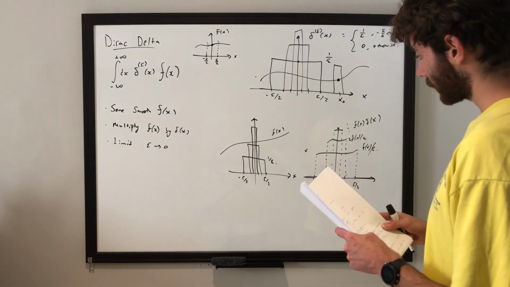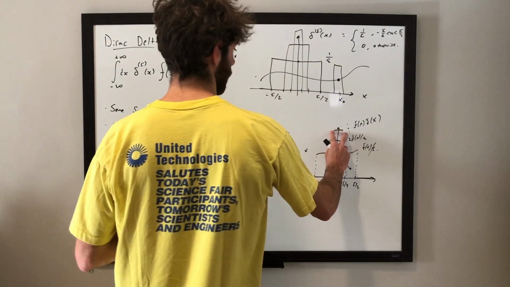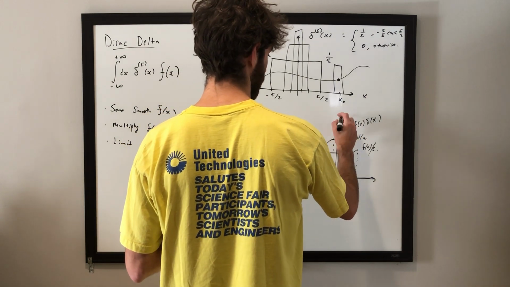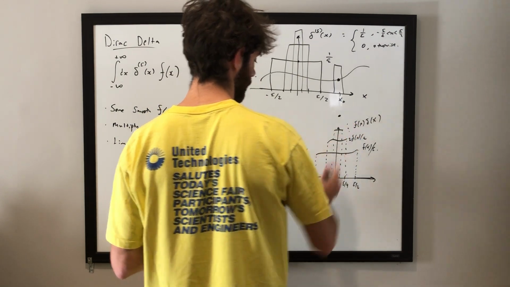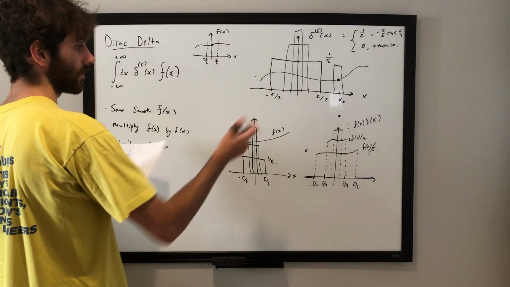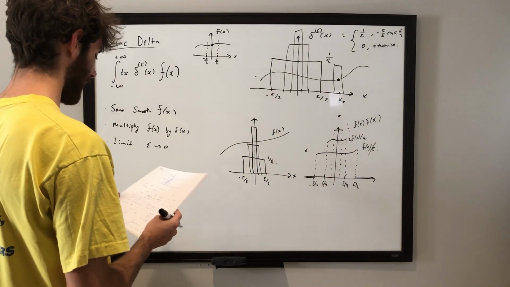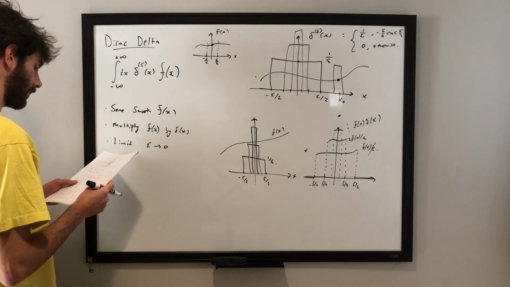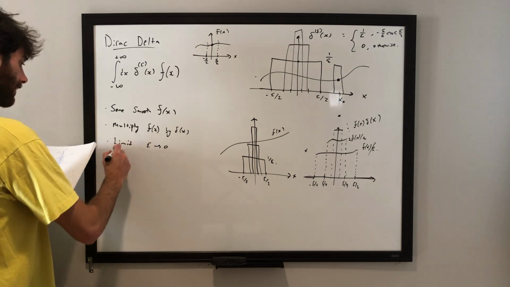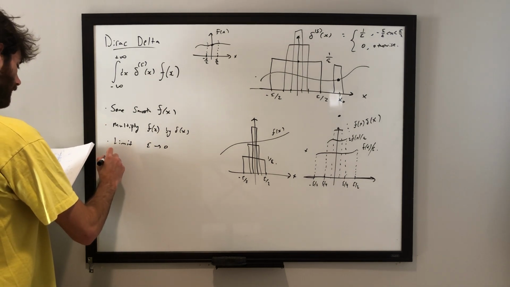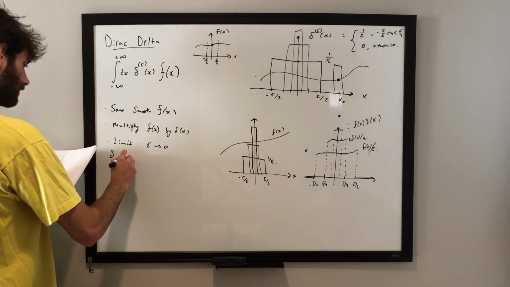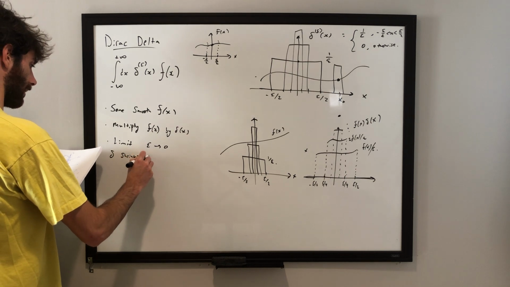And we are just left with the value of the function in this procedure at 0. You can kind of imagine, multiplied by some epsilon factor. So in this limit, delta shrinks in width.